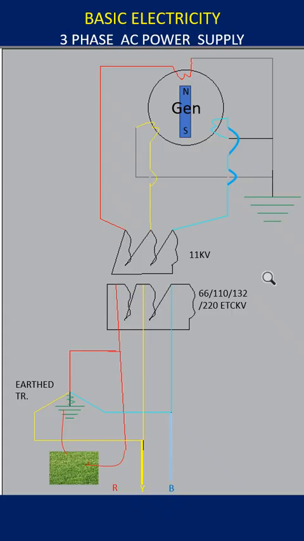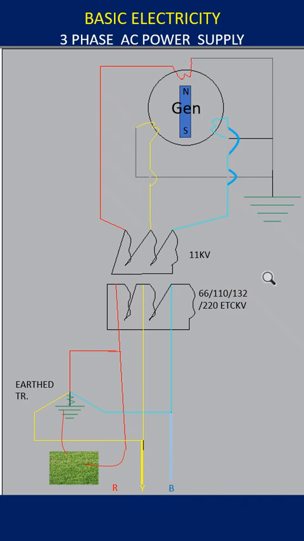I have already told that the facility of earthing is very much important, because if you add the neutral point of the earth transformer, then what will happen if any transmission line phase breaks and falls on the ground? Then the circuit will be completed without any load.